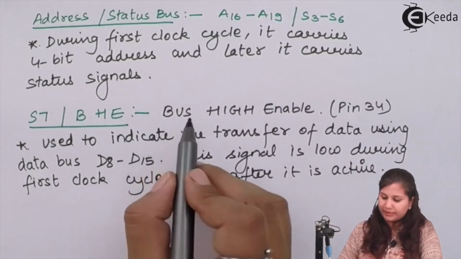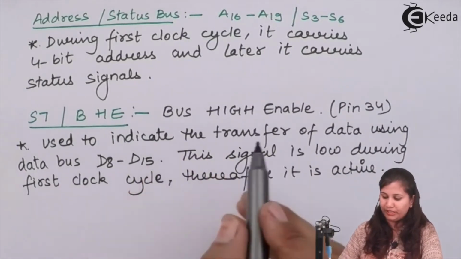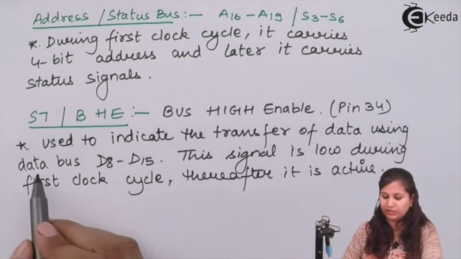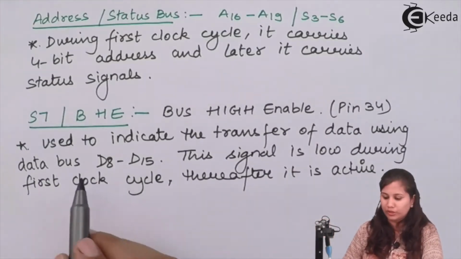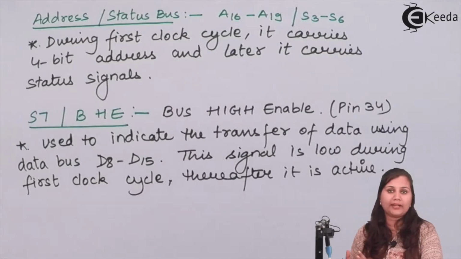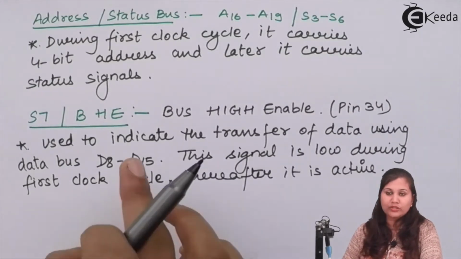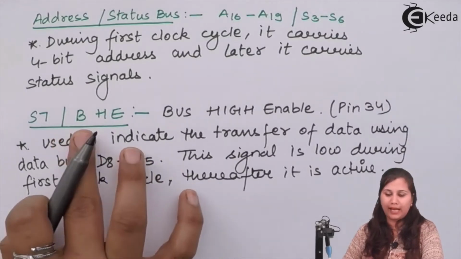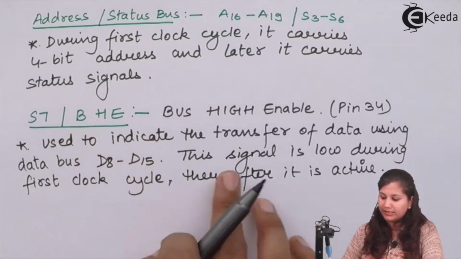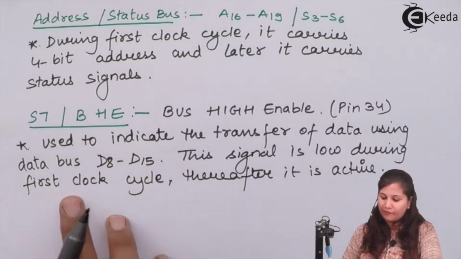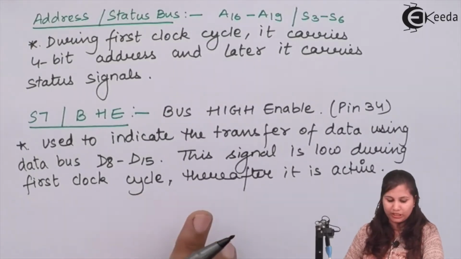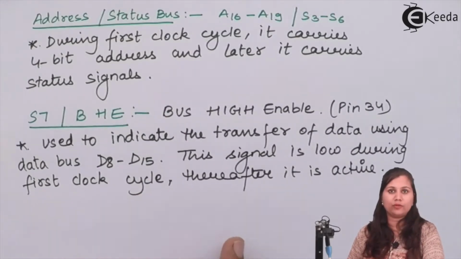So this signal, bus high enable, is used to indicate the transfer of data using the data bus D15 to D8. So the higher order data byte will be transferred by using this signal, bus high enable. Now this signal is low during the first clock cycle, so you can see that it is an active low signal.